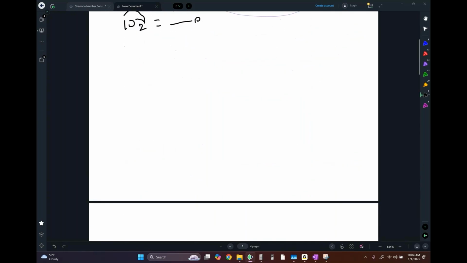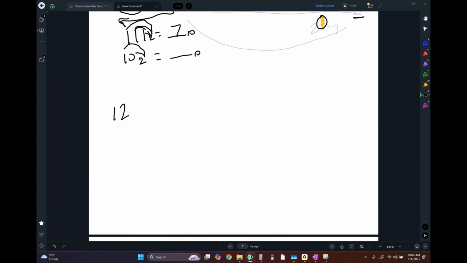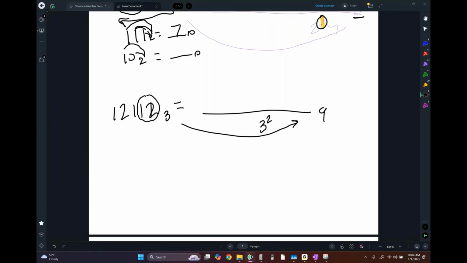And the same trick works for base 3. So if I have 1, 2, 1, 1, 2, base 3, and we're converting it to base 9. What we have to recognize is if it's a power of the base, this works, okay? And 9 is 3 squared. So that means we're going to circle them in groups of 2. Sorry, 3, right? Because second power. And then what we're going to do is take each one of those numbers.